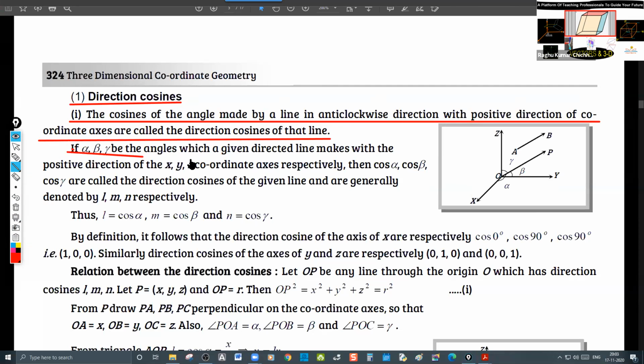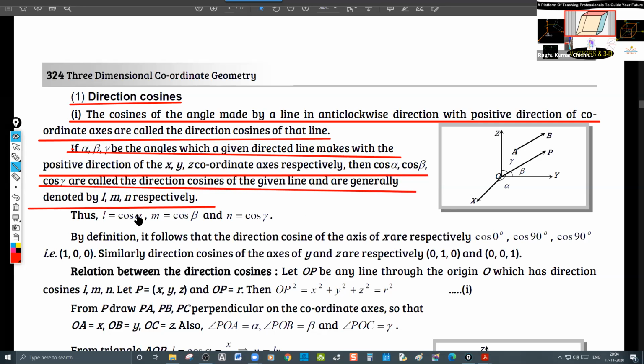If alpha, beta, gamma are the angles which a given line makes with the positive direction of the x, y, z axes respectively, then cos alpha, cos beta, cos gamma are called direction cosines of the given line and are generally denoted by l, m, n respectively. l is equal to cos alpha, m is equal to cos beta, n is equal to cos gamma.